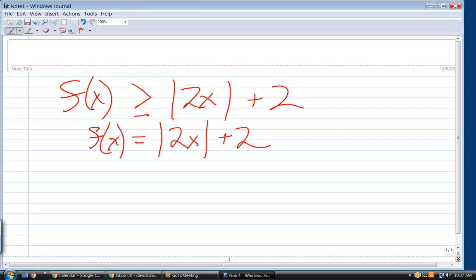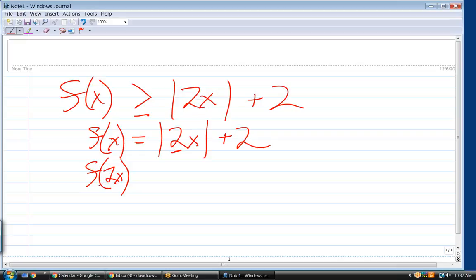So examining this, I see a couple of adjustments. I see that we've taken the elementary function, which is f of x equal absolute value of x, and multiplied the inside by 2. That's a horizontal compression.